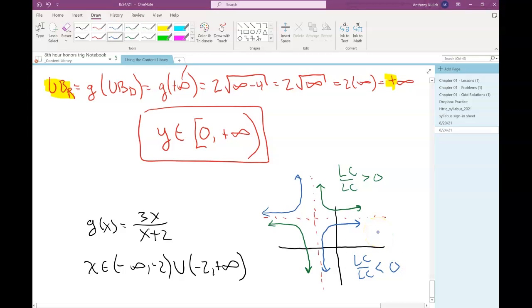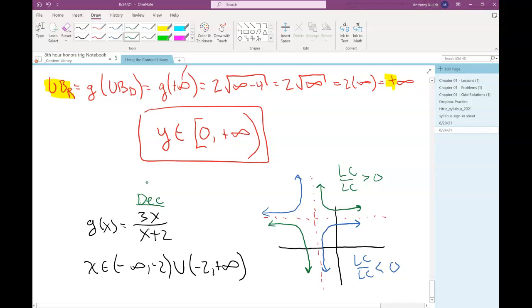Here our leading coefficient on top is 3 from the 3x. And on bottom it's 1 from the 1x. So we have the green situation. If I look at the green graphs as I start at one end and move to the other from left to right, we're going down in both arms. So I know that this is, let's use the same color, decreasing.